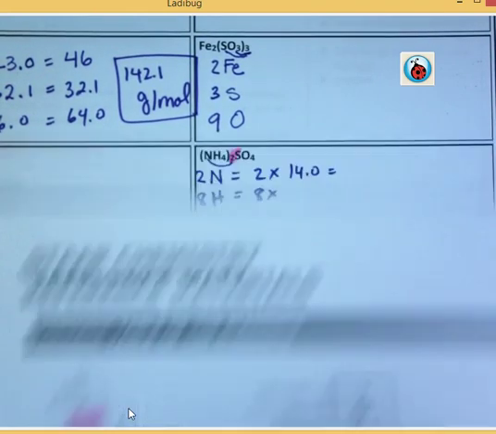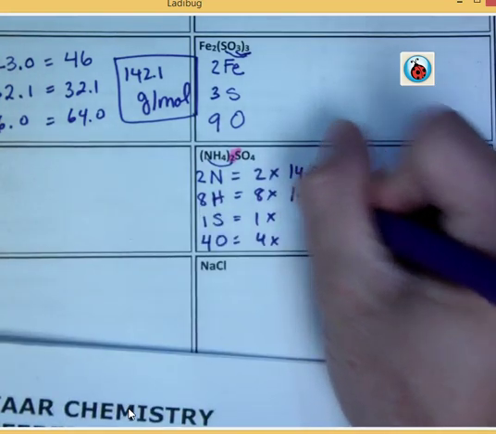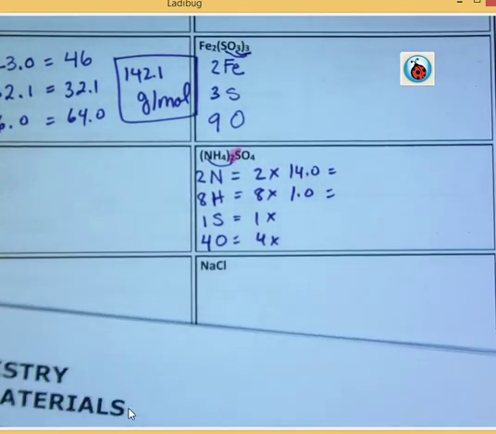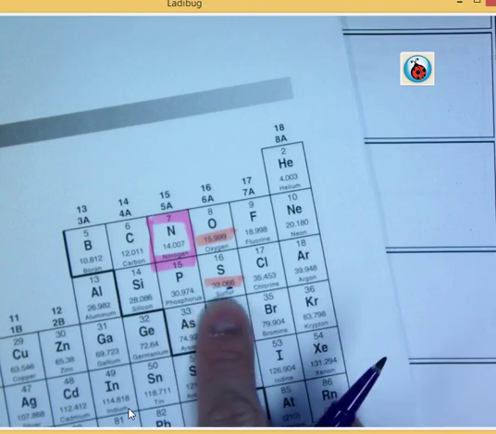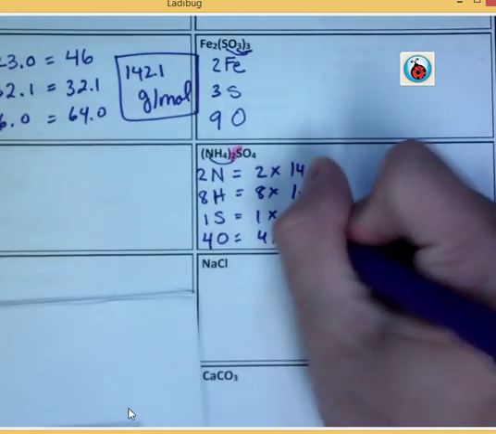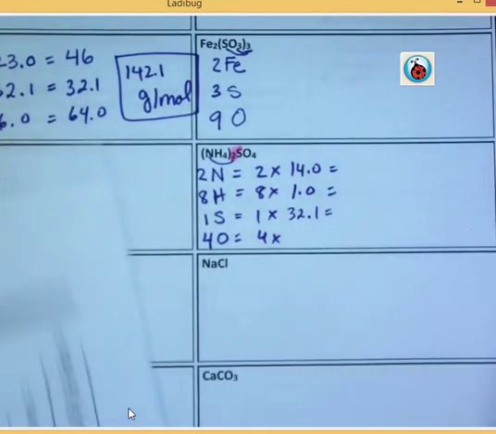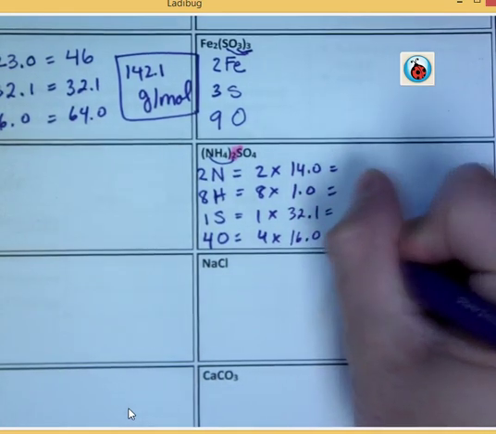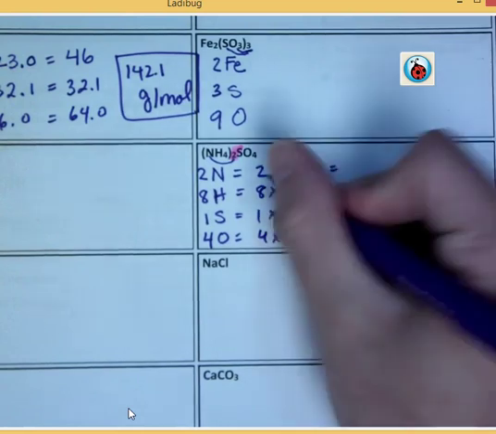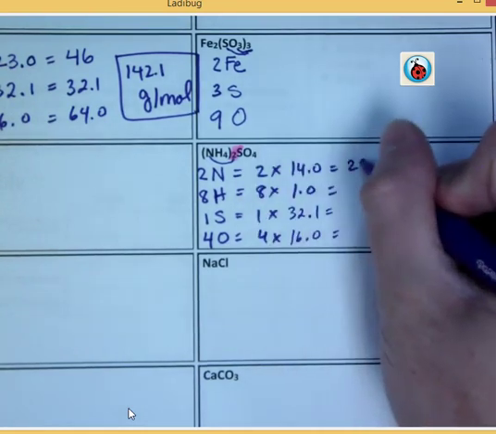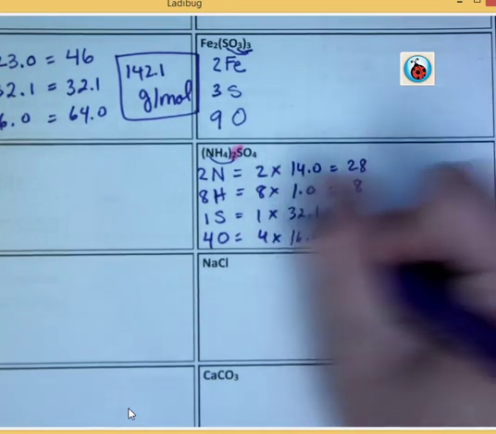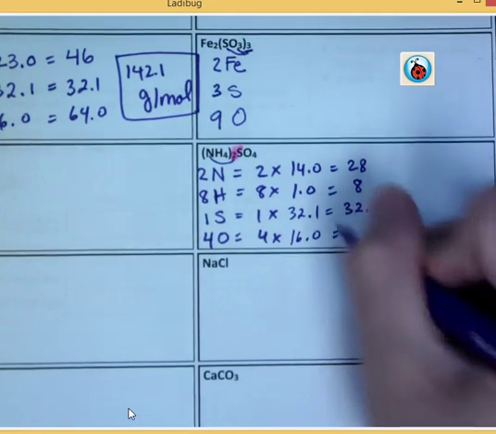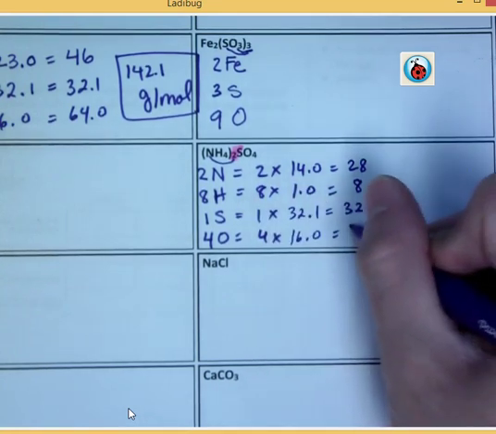So it's just 1.0. Sulfur, we did it earlier, 32.1. Oxygen, we did it earlier as well, which is 16.0. Okay, so multiply those through. 2 times 14 is 28. 8 times 1 is 8. 1 times 32.1 is 32.1. 4 times 16 again is 64.